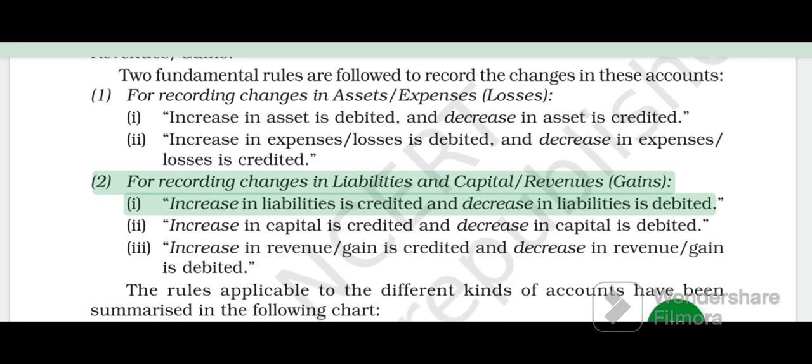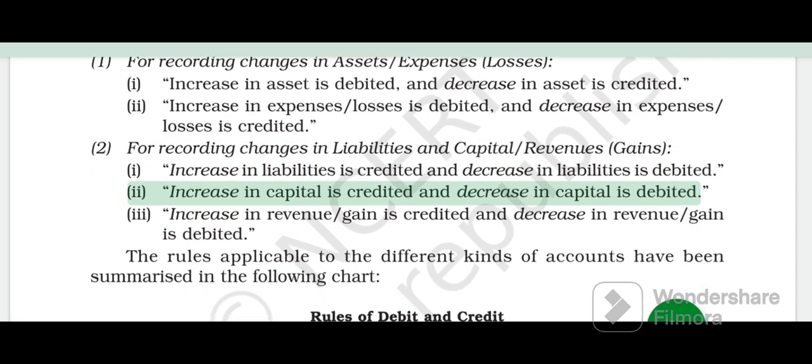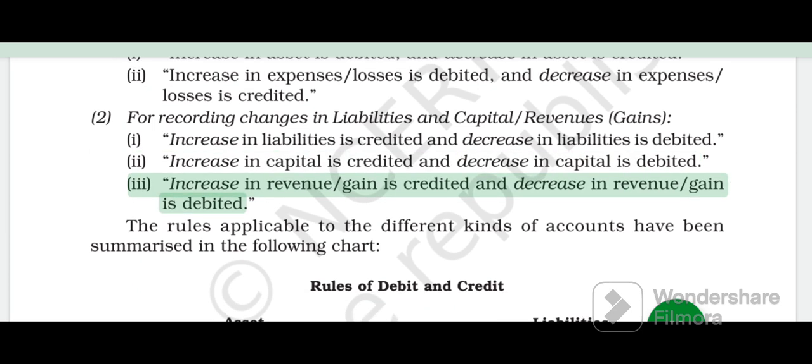2. For recording changes in liabilities, capital, revenues, gains: i. Increase in liabilities is credited and decrease in liabilities is debited. ii. Increase in capital is credited and decrease in capital is debited. iii. Increase in revenue, gain is credited and decrease in revenue, gain is debited.